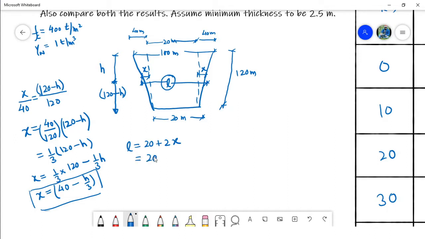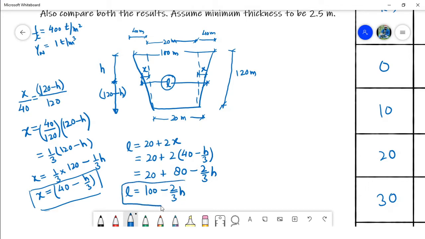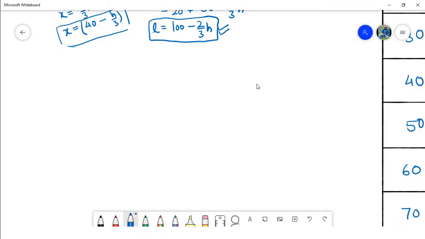So this will be 20 plus twice of 40 minus h by 3, which equals 20 plus 80 minus 2/3 of h. So L will be equal to 100 minus 2/3 of h. Remember this expression.